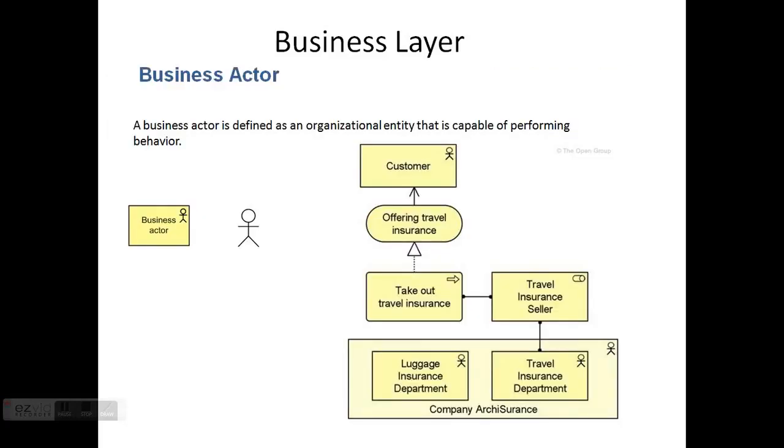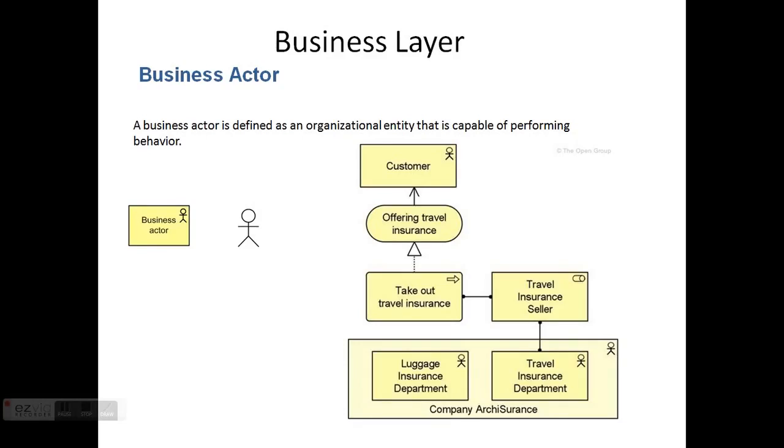The first thing I want to talk about is the business actor. A business actor performs one or more behaviors assigned to a business role. It could have a role, and could have more than one behavior. A business actor is an organizational entity as opposed to a technical entity, for example, it belongs to a business layer.